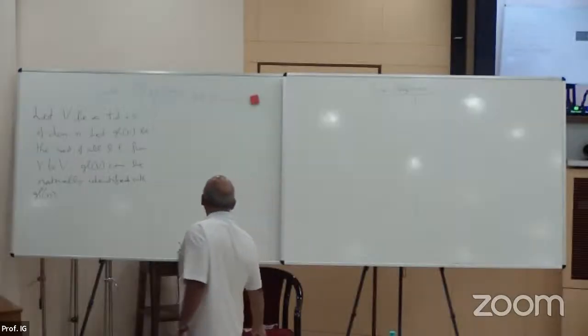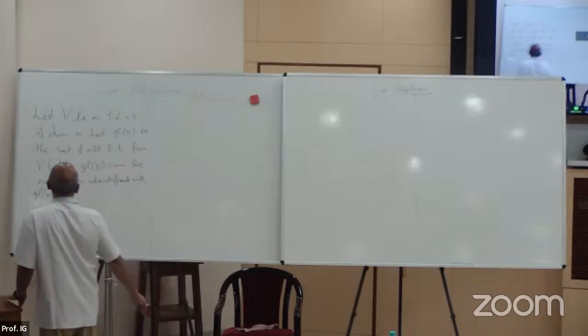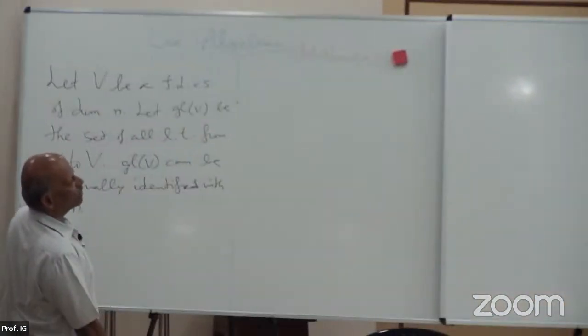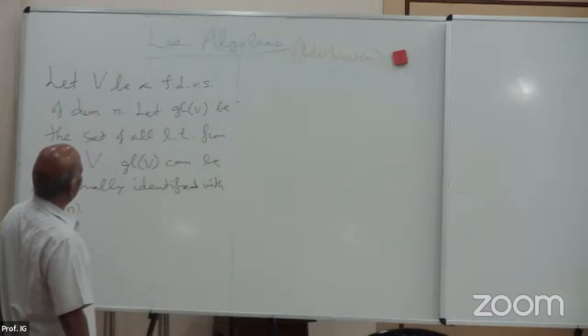Since we are a little bit delayed already, I have written something on the board. Is the board in focus now? Yeah. Let V be a finite dimensional vector space of dimension n.